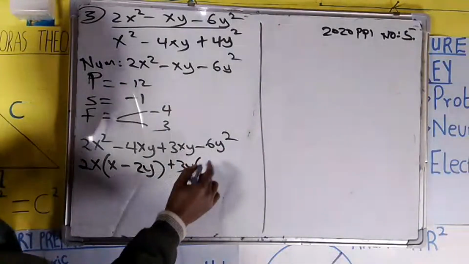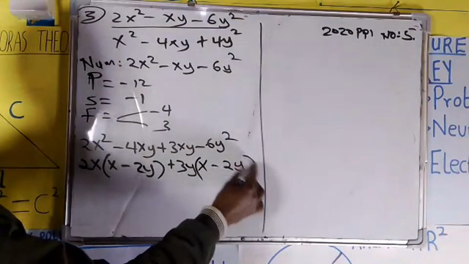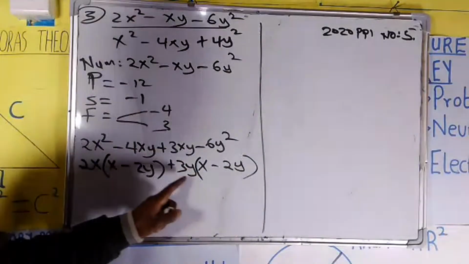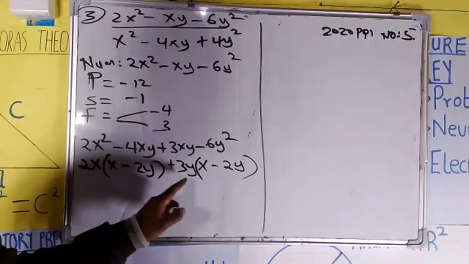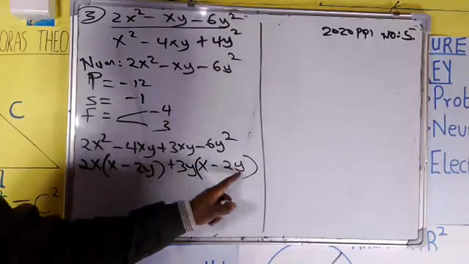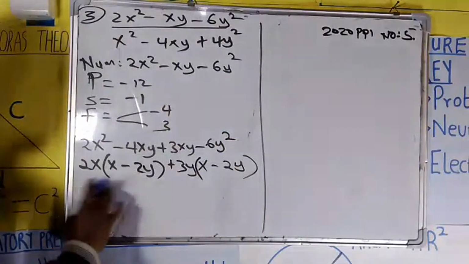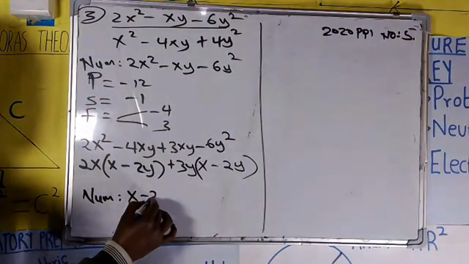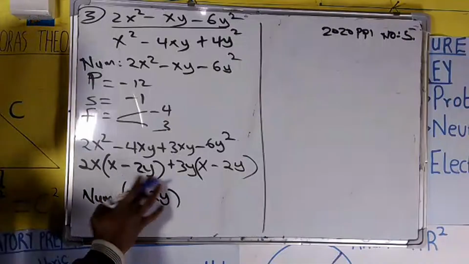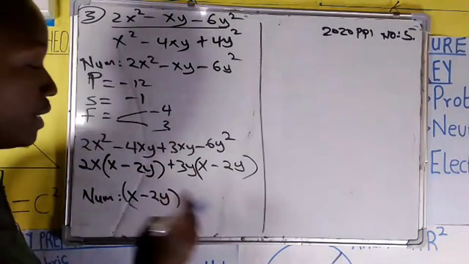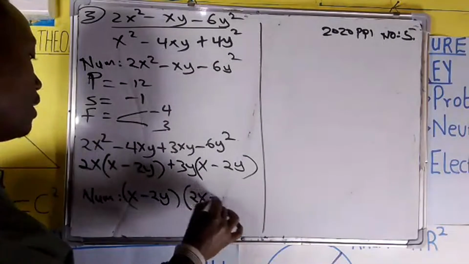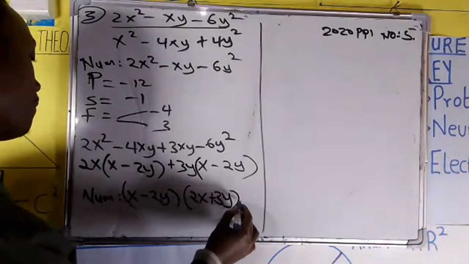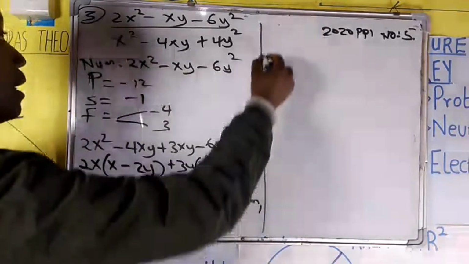Open the bracket, this one will give us x minus 2y, because 3y times x is 3xy, and 3 times 2 is 6, y times y is y squared. So this one will give our numerator as x minus 2y. We said when the bracket is identical, we just choose one. Then we have 2x plus 3y. By doing that, you get your first mark.